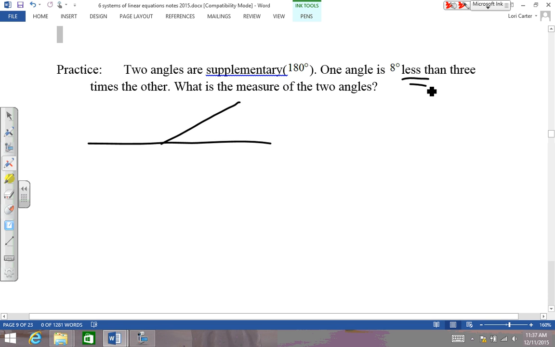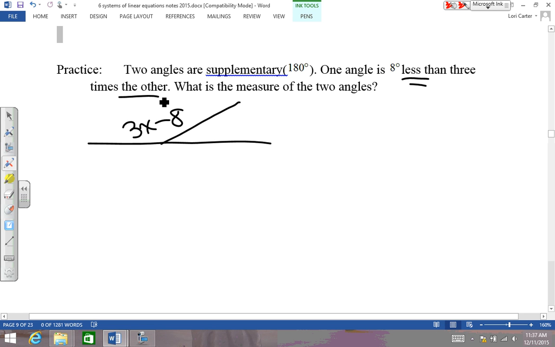Remember this? You were yelling at Robert yesterday about this word. All right, so I know that one angle is 8 degrees less, so I'm subtracting 8 from 3 times the other. So that's just 3x minus 8. Okay, what's the other angle? 3 times the other.